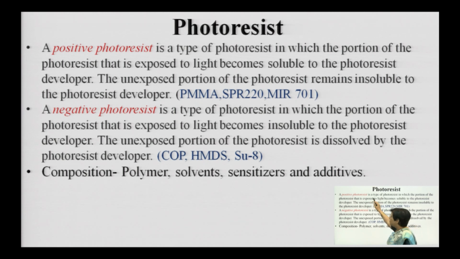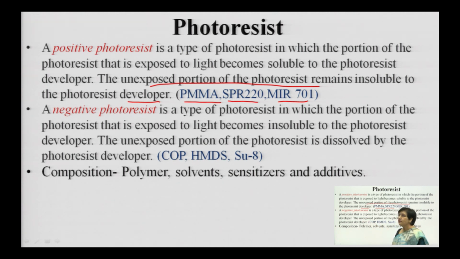A positive resist is something where the unexposed portion of the photoresist remains insoluble and the exposed portion becomes soluble, and the examples are PMMA, SPR 220, MIR 701. Just to keep an idea of the different types of photoresist which are used.